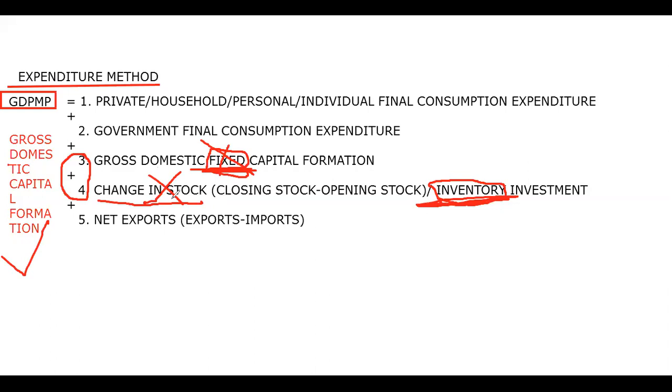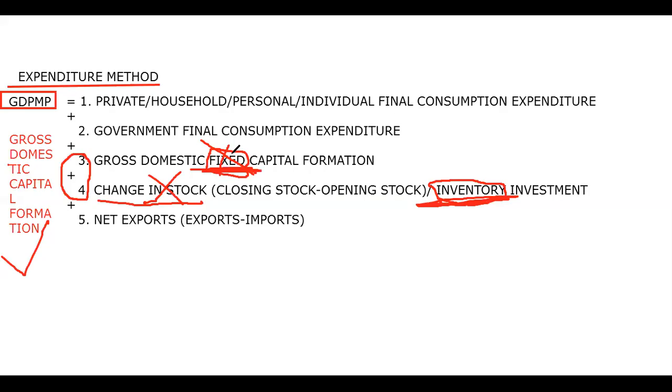So that was firms' expenditure on fixed assets only. Wait a minute, let me clarify this point once again. This was the firm's investment on fixed assets, the third element.